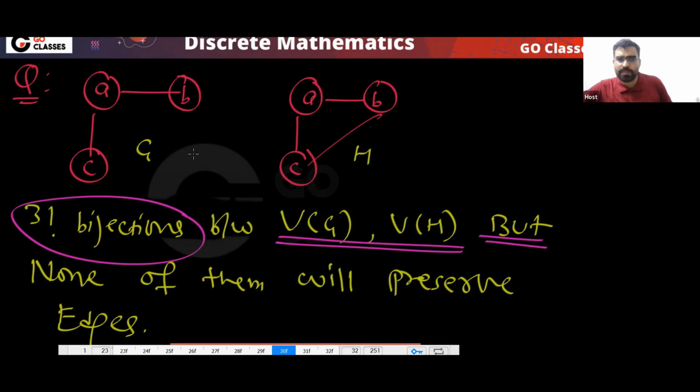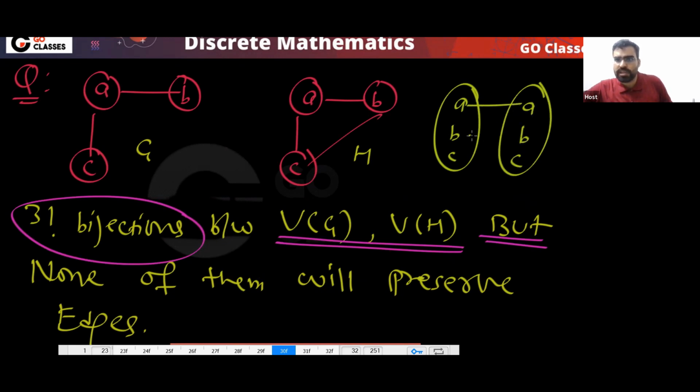For example, let's assume you take this bijection, ABC. Will it preserve edges?